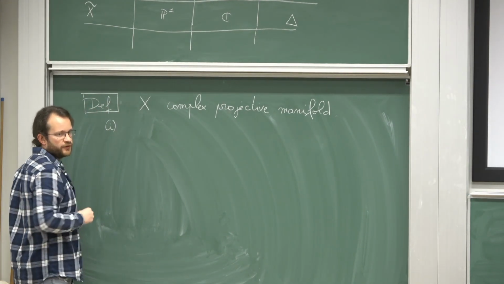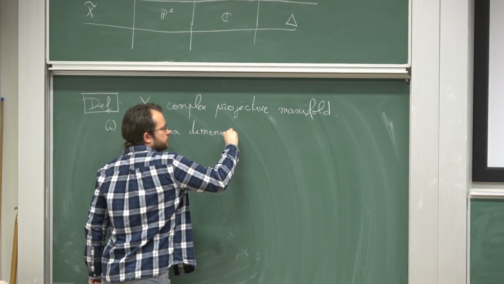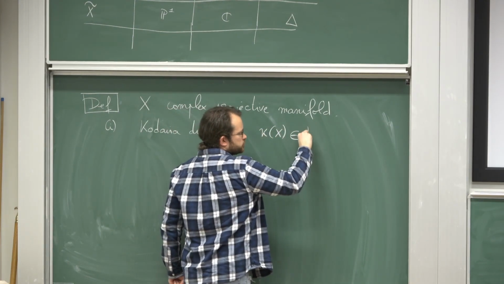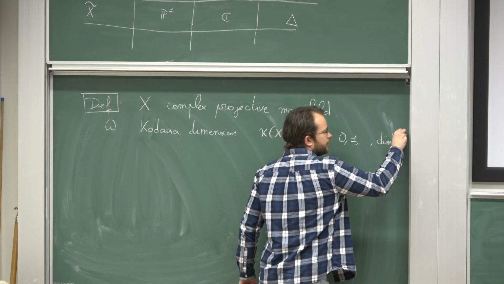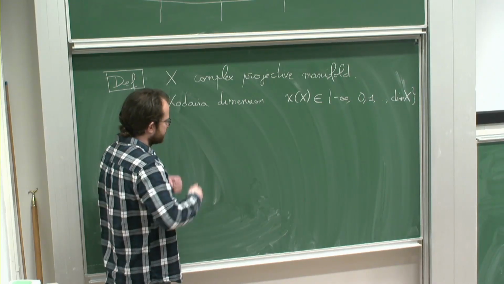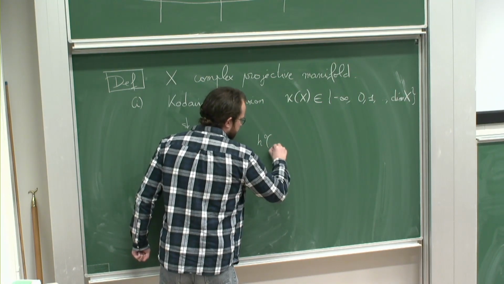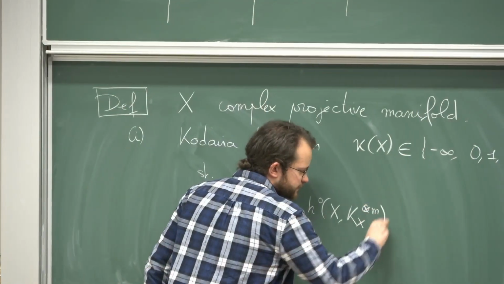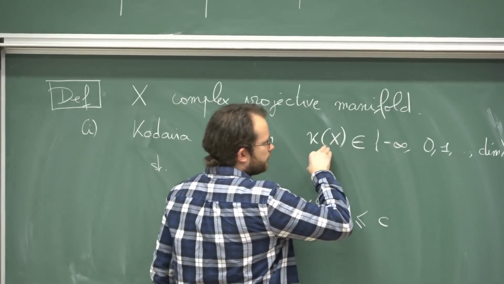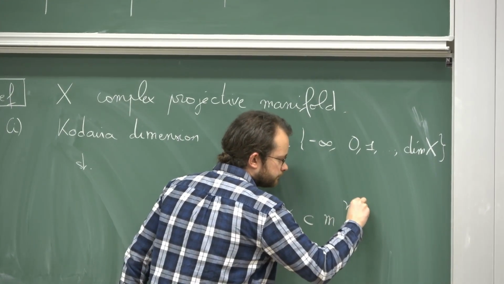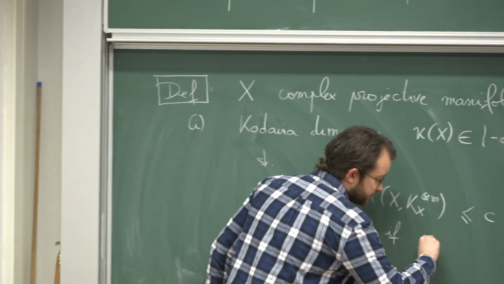Then recall that we have an invariant called the Kodaira dimension of X. This is an element which is either minus infinity or some integer between 0 and the dimension of X, which characterizes the growth of sections of powers of the canonical bundle of X. Such that if you consider the dimensions of the spaces of sections of the m-th power of the canonical bundle of X, then this grows morally like m to the power of the Kodaira dimension, at least if m is divisible enough.